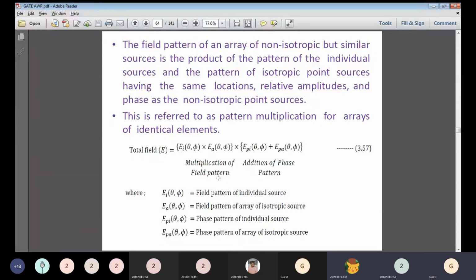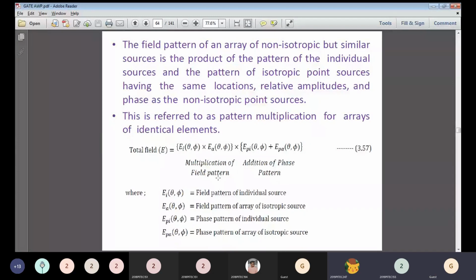The field pattern of an array of non-isotropic but similar sources is the product of the pattern of the individual source and the pattern of isotropic sources having the same location, relative amplitudes and phase as the non-isotropic but similar sources. This is referred to as pattern multiplication for an array of identical elements.